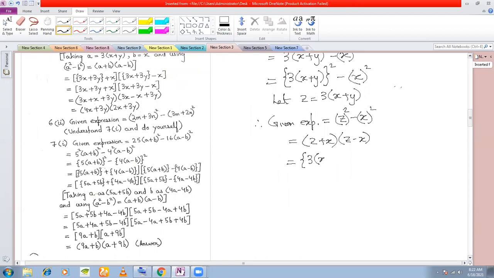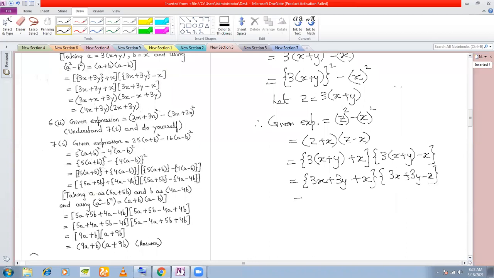Put the value of z. The value of z is 3 into (x + y), plus x, and put the value of z in the second one also, thrice (x + y) minus x. So we get here 3x + 3y + x, and 3x + 3y - x.